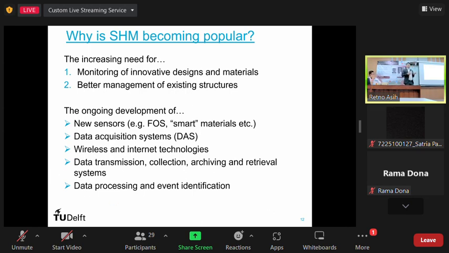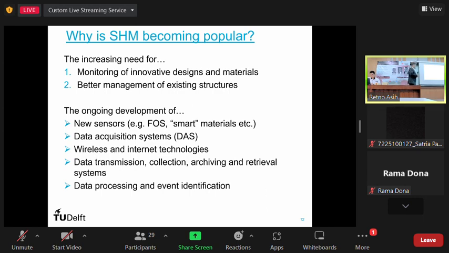The sensors are becoming cheaper, easier to operate, and low power, and now with the Internet of Things, the connection of the sensors has become easier. So the data acquisition systems are developing. We have wireless and internet communication systems that are becoming easier every day. Data transfer is also a research area that has developed quite a lot.